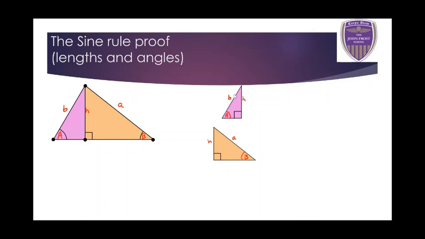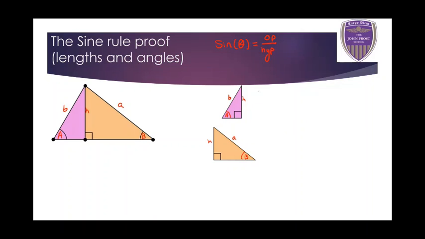And the hint is in the name of this rule, it's the sine rule, so we're going to be using the sine function, okay? And to remind yourselves, sine of an angle is equal to the opposite side over the hypotenuse side of a right angle triangle, okay?